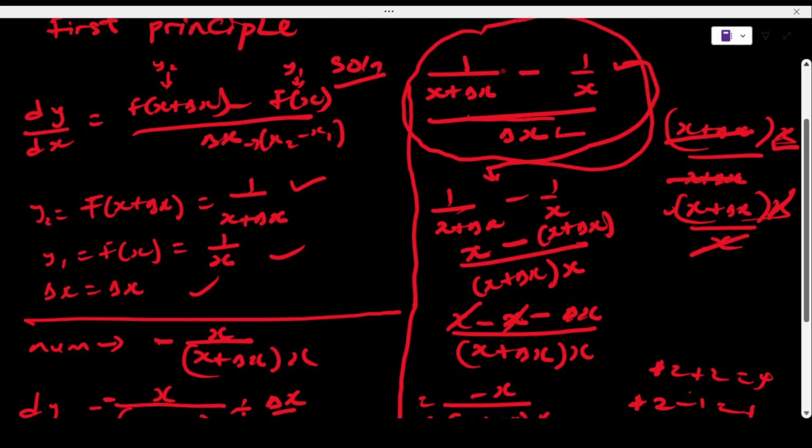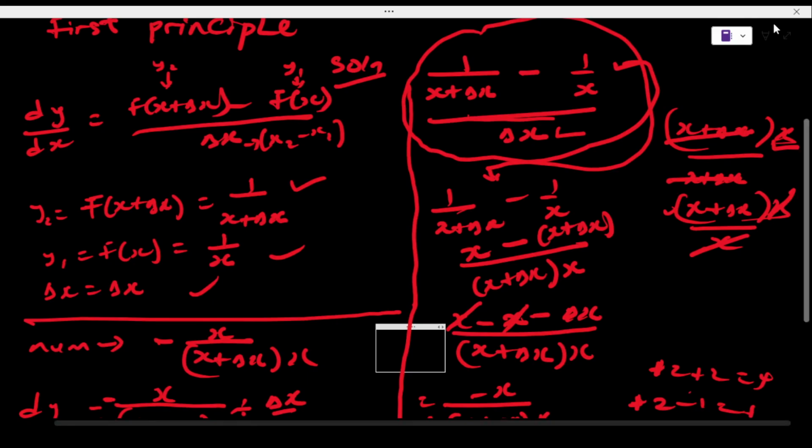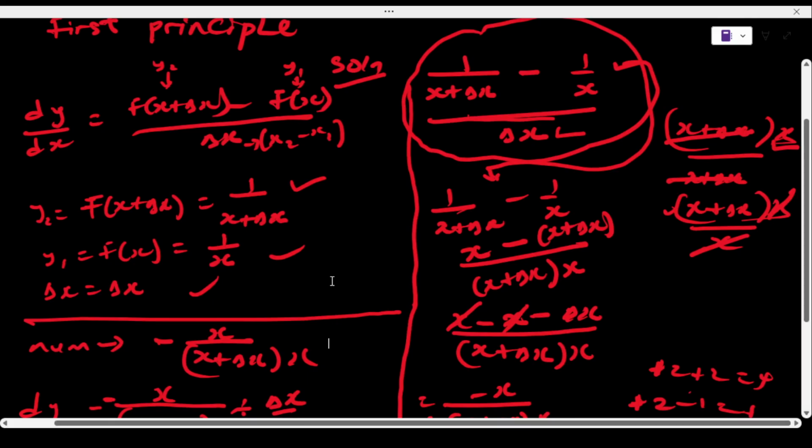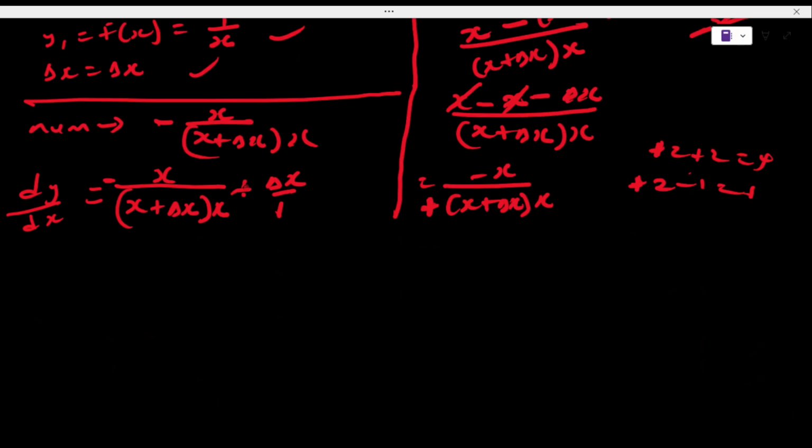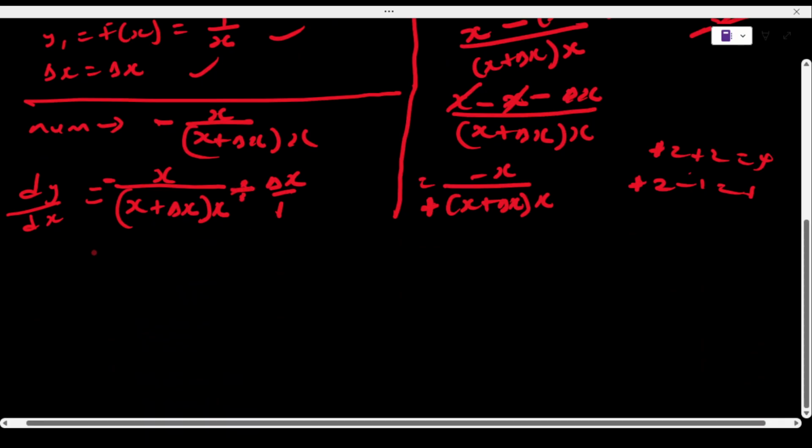So the value we get here, we are going to divide it by change in x, and the value we got in the numerator is minus x over x plus change in x divided by x. We are now going to divide it by our x divided by x. So it will now be minus x over x plus change in x, x. In the rules of division, we change it to multiplication. The numerator will change to denominator, while the denominator, which is 1, will change to numerator.